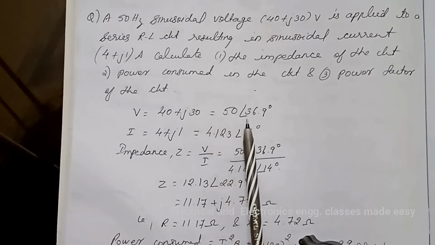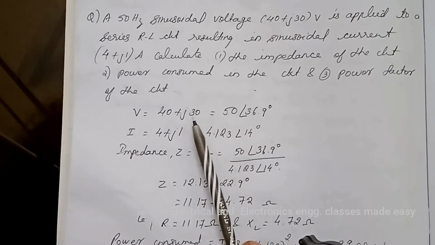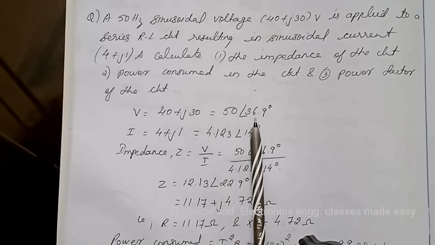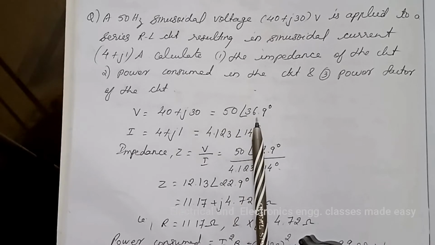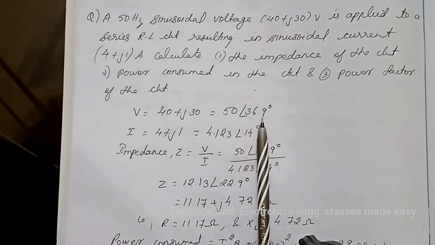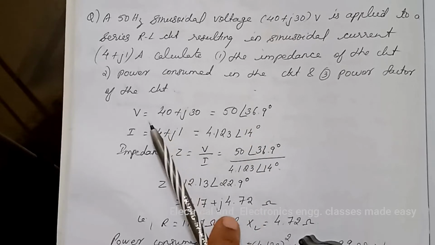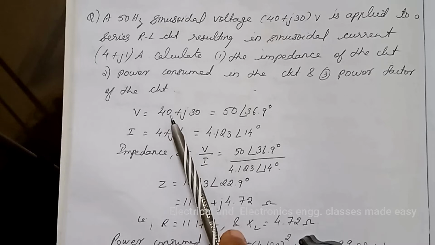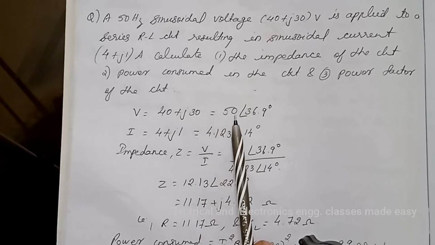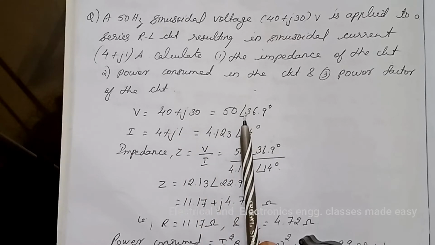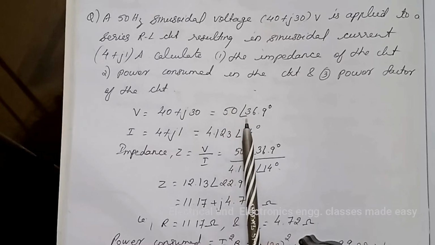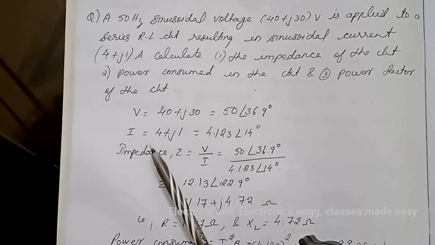I have already explained how we can convert the rectangular form into polar form using a scientific calculator. If you didn't watch it, please go through it. So the rectangular form 40 plus j30 is converted into polar form and is equal to 50 angle 36.9 degree.